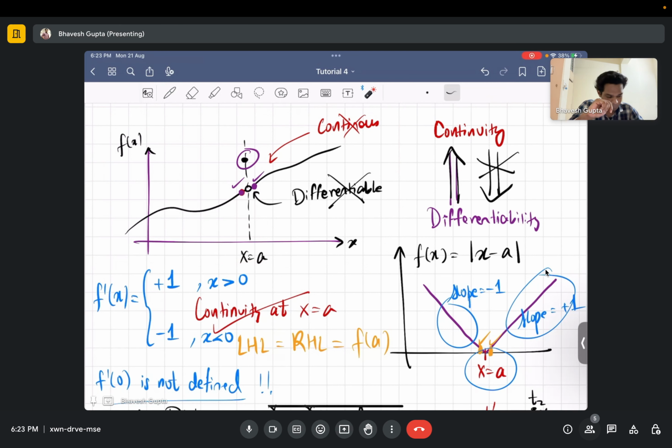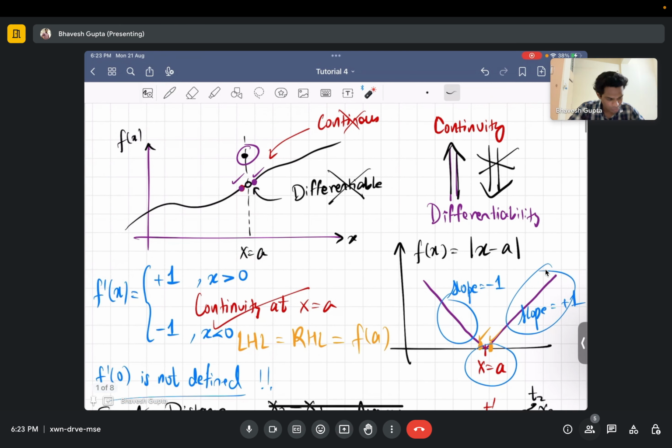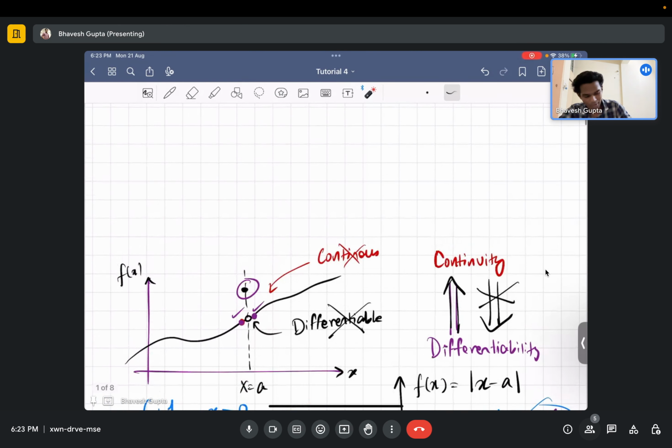And you can also see this statement in this way. In order for the function to be differentiable, the first basic criterion is that the function must be continuous. At least it should be continuous. If your function is not continuous, then you can immediately write down that your function is not differentiable. Let me write down over here.